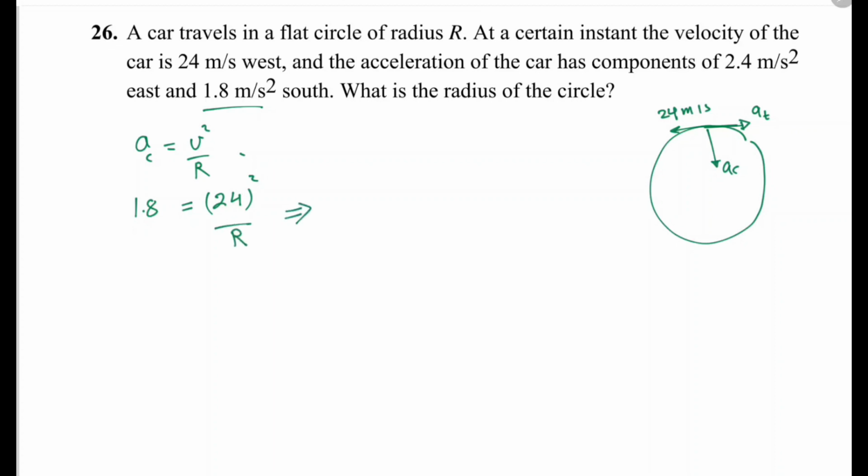You just simplify this one, r is equal to 24 squared divided by 1.8, or r in this case is equal to 320 meters, or 0.32 kilometers.